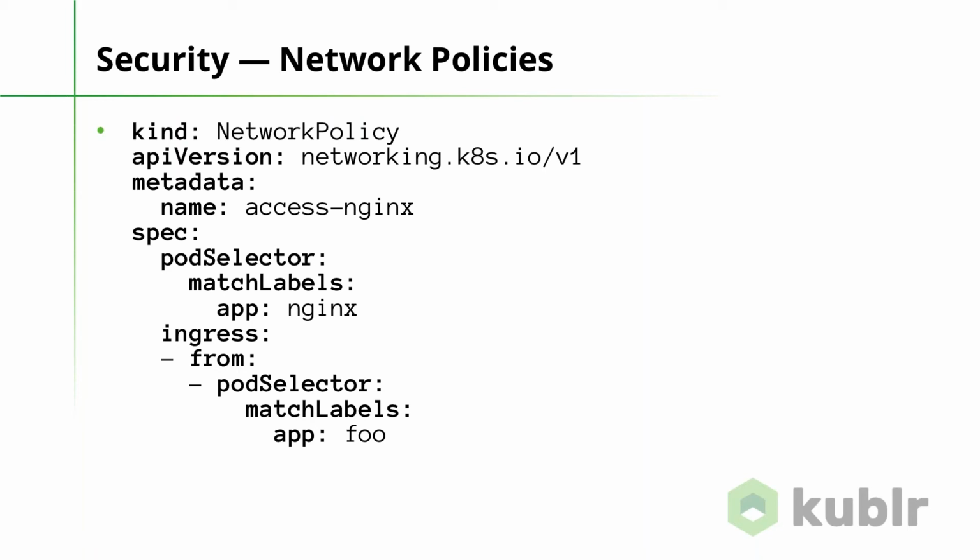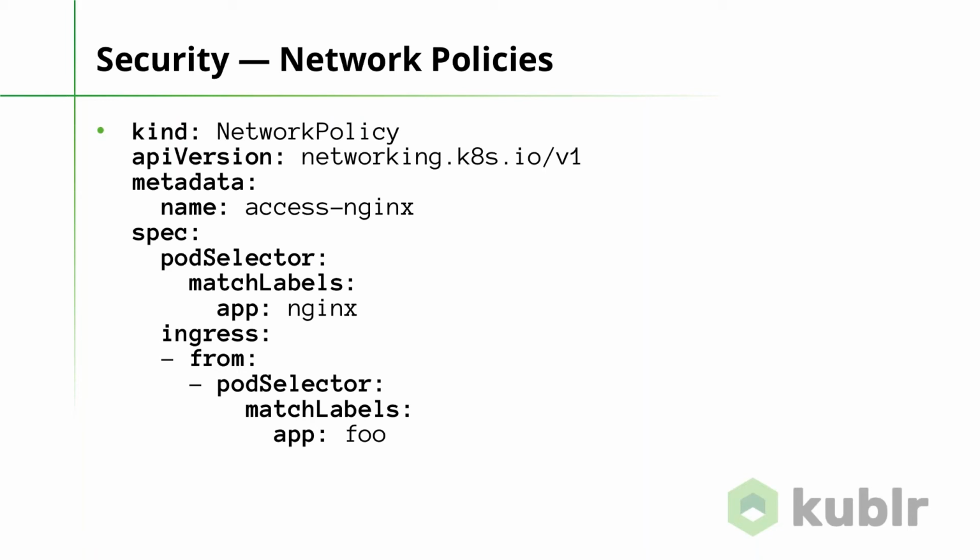Here I have deployments that match this pod selector, basically app Nginx. I configured ingress for the application from a pod that is labeled app-foo. If I have a pod that is labeled with app-foo, then it can connect to Nginx. If I don't have this label, or the value of the label doesn't match, then it won't work.